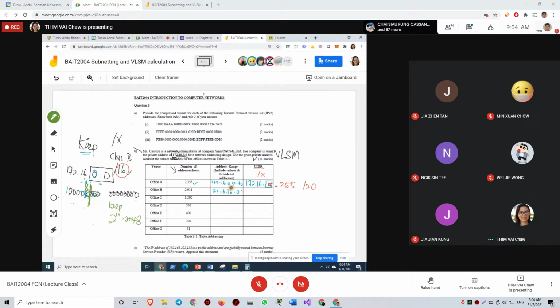So now this is the third octet, which means this number. Use back this number. So you're using 16 plus 8, you are going to get 22. Sorry, 24. Not 22. 24.